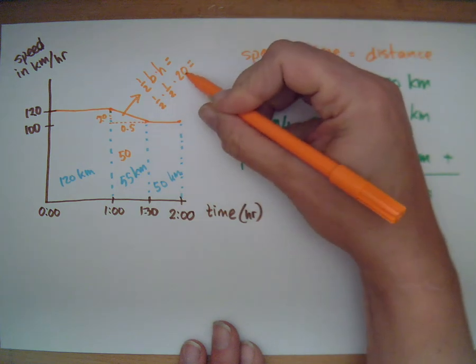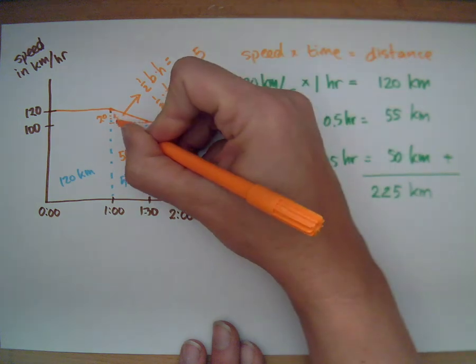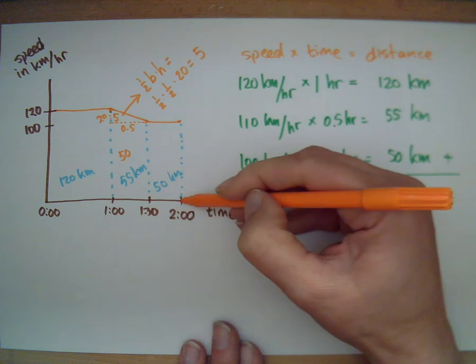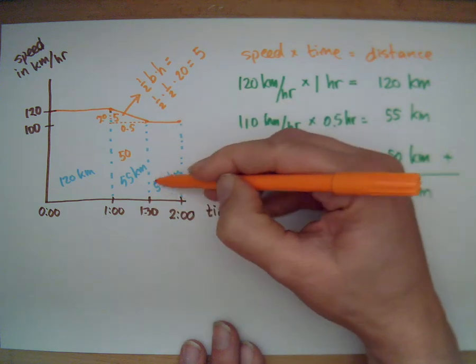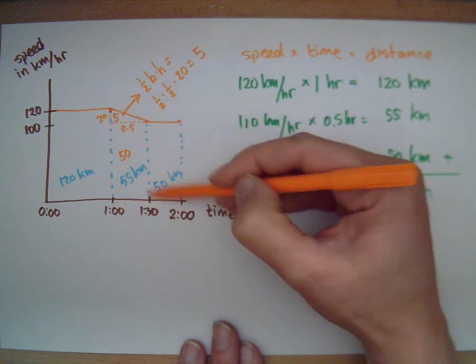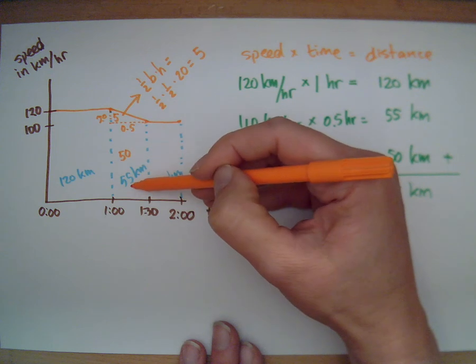Half of 20 is 10. Half of 10 is 5. So that would be 5. And here the area is, of course, 1/2 times 100, which is 50. So here you can imagine it as a little triangle and a rectangle and add them up. 5 plus 50 is 55.